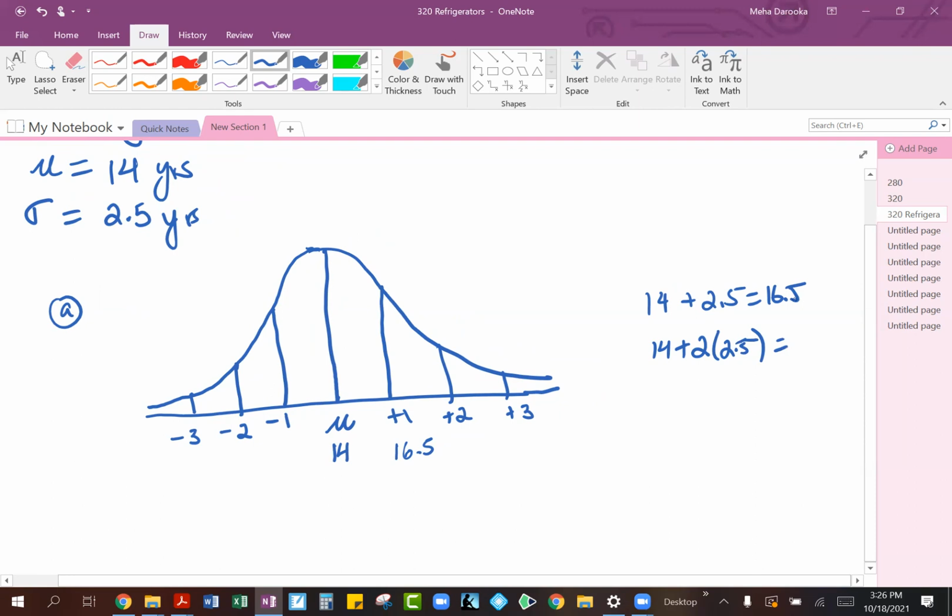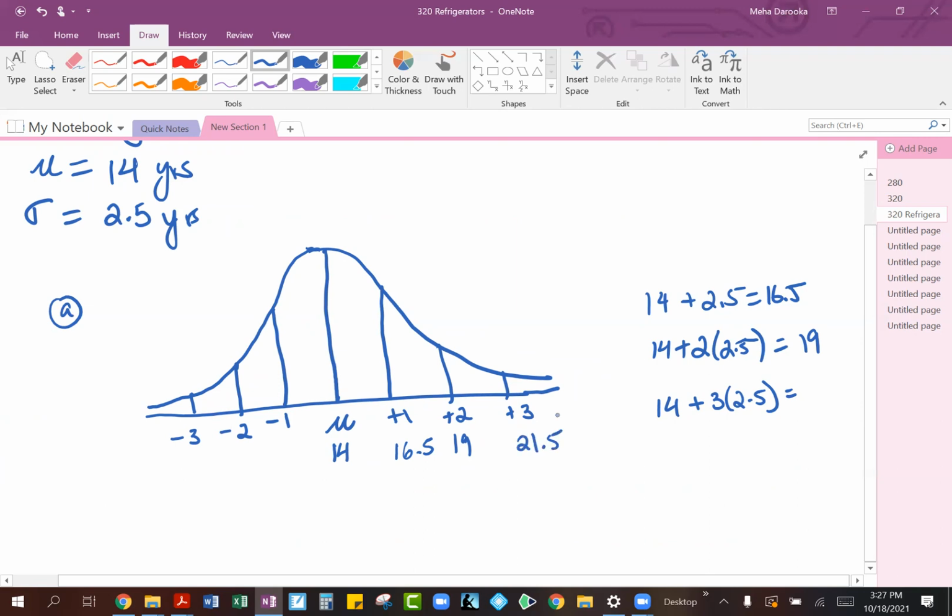So that would be what? 17, 18, 19. So this should be 19 years over here. And then for the 3 standard deviations, you can again take 19 and add 2.5 to that, or you can do 14 plus 3 times 2.5. So what do you think that third standard deviation above the mean will look like? 21.5. Yeah, 21.5, very good.